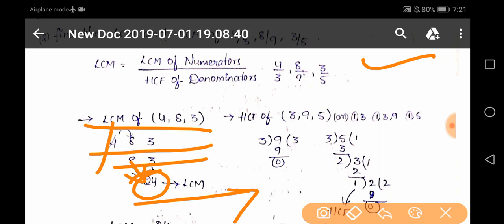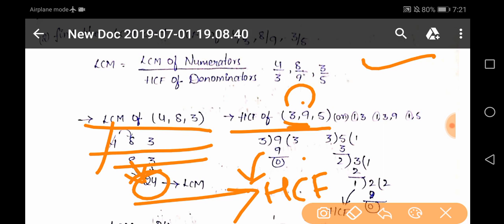And here the HCF of 3, 9, 5. Do the first two numbers as a division: 9 by 3, so you get a 0. 3 is considered a temporary HCF, not a permanent one.